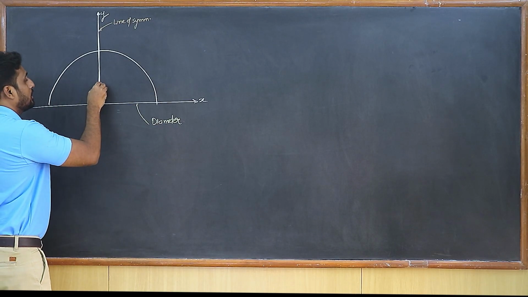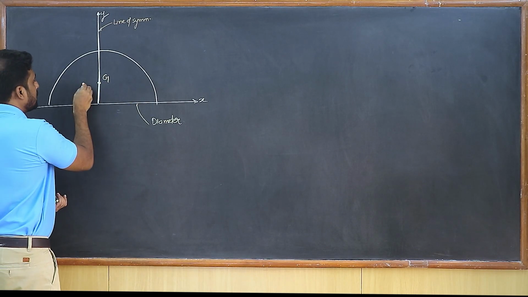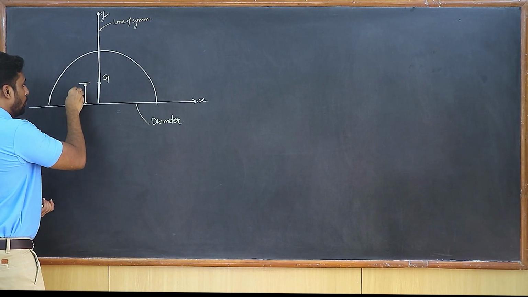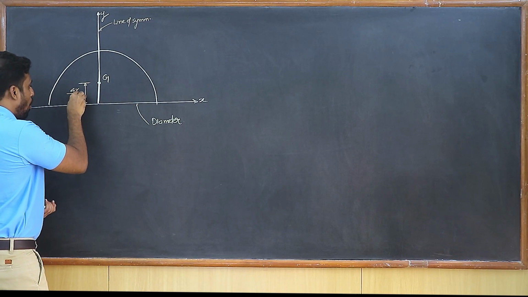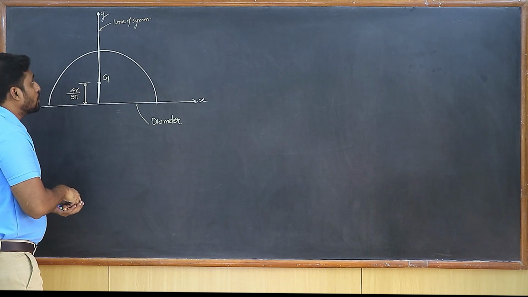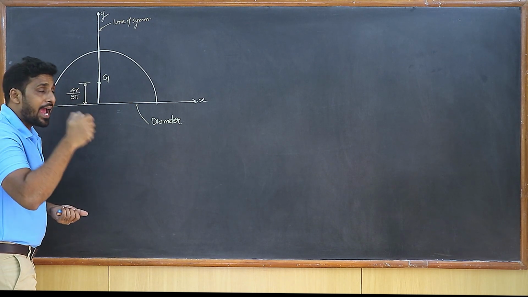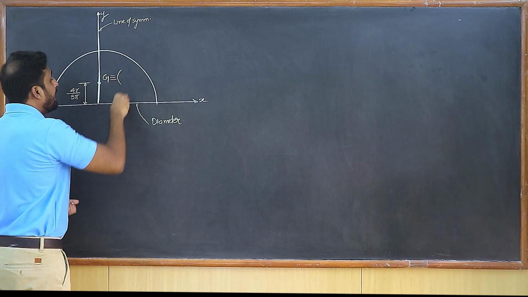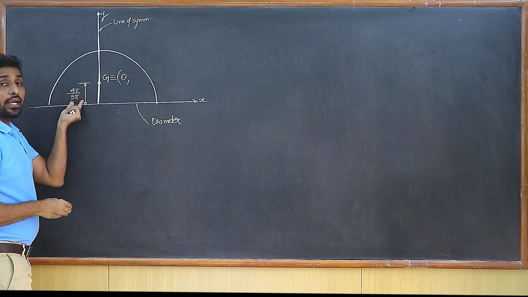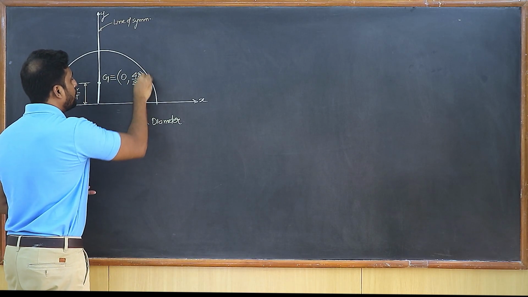So here is the centroid, say G, then its distance from the diameter is going to be 4r upon 3 pi. Now students, since the centroid is lying on the y-axis, that means its x-coordinate is going to be 0 and the y-coordinate has come 4r upon 3 pi.